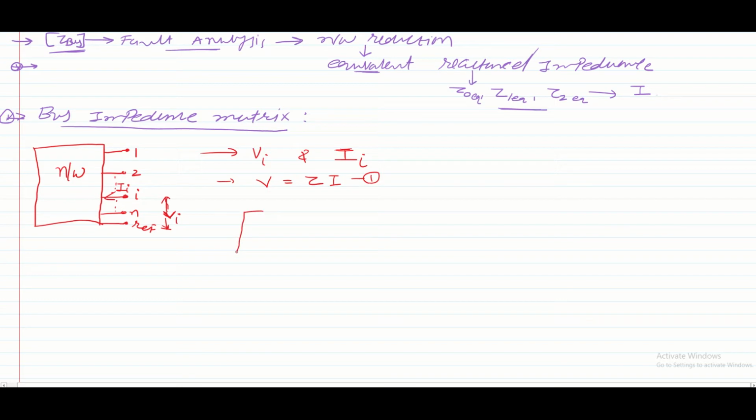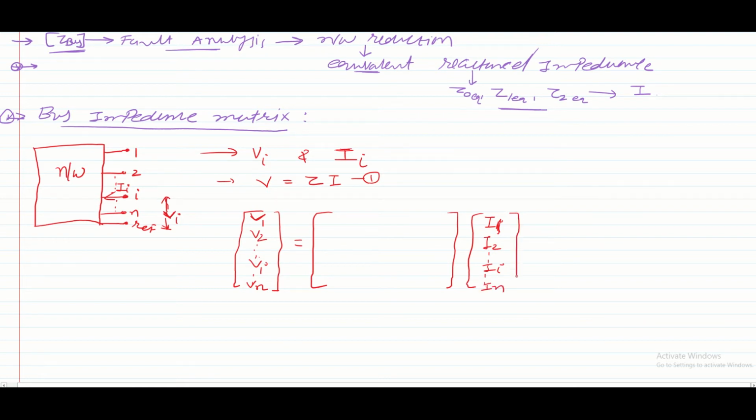We write the voltages at bus 1, 2, similarly at bus i, and at bus n, then the impedance of the network and the current injected into the network: I1, I2, for the ith bus Ii, and for the nth bus In.